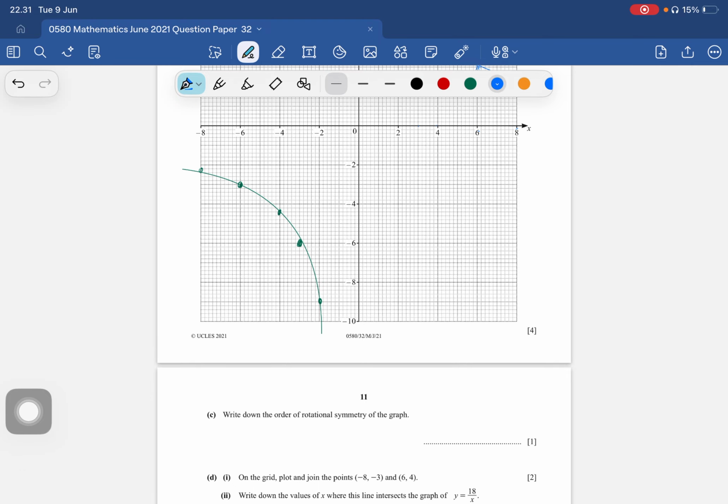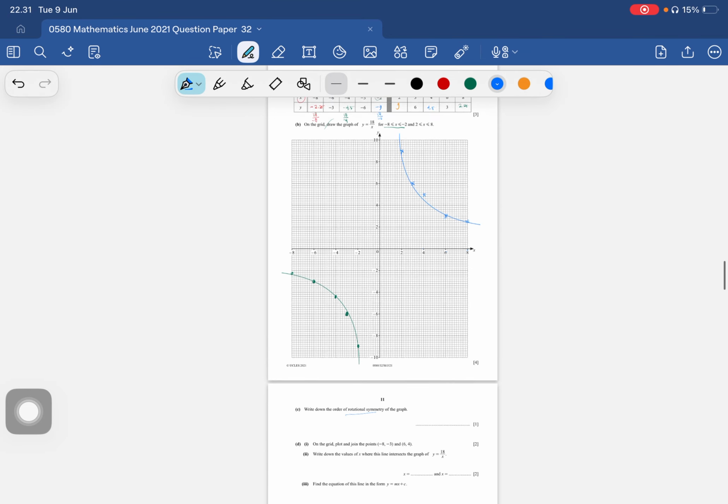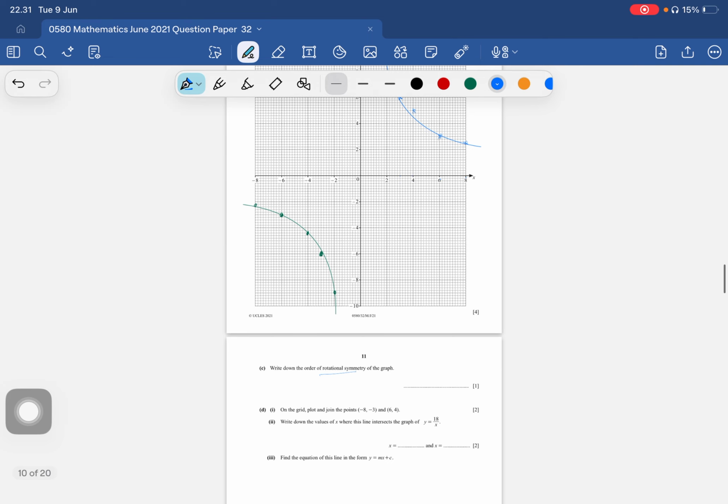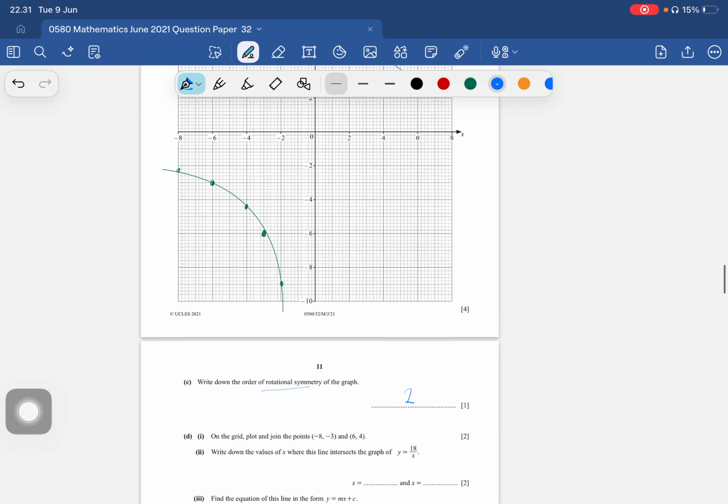We need to write down the order of rotational symmetry of the graph. Here it is only 2, so we can write 2.